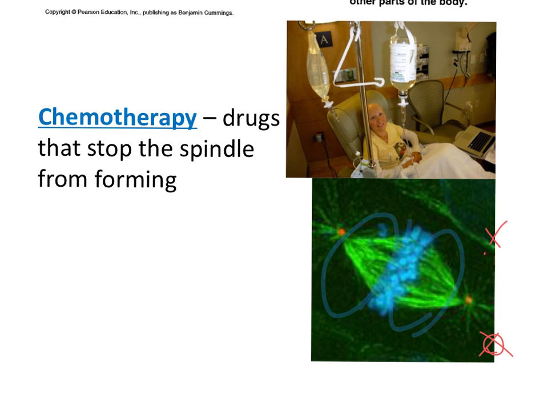So the idea behind drugs that stop the spindle is you stop the spindle, you stop the division of the cell, you stop the growth of the cancer. There are other ways that anti-cancer drugs work, and you will research those in a paper.